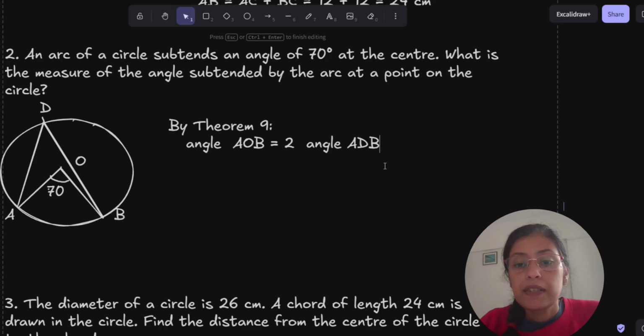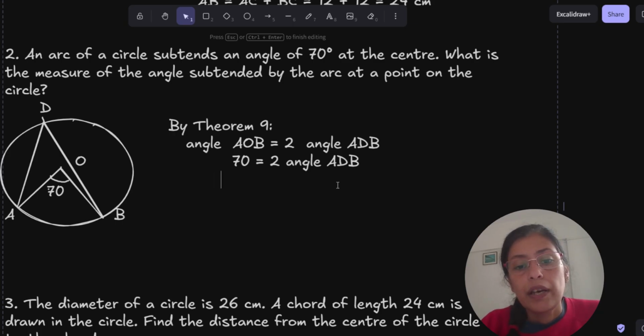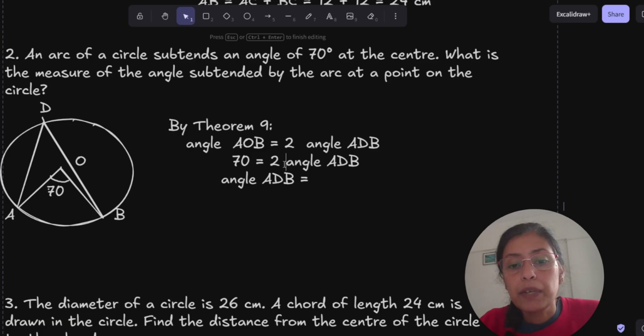So this means that I'll write here AOB is 70 and this is twice of angle ADB, which means angle ADB will be, this is 2 into angle ADB, right?